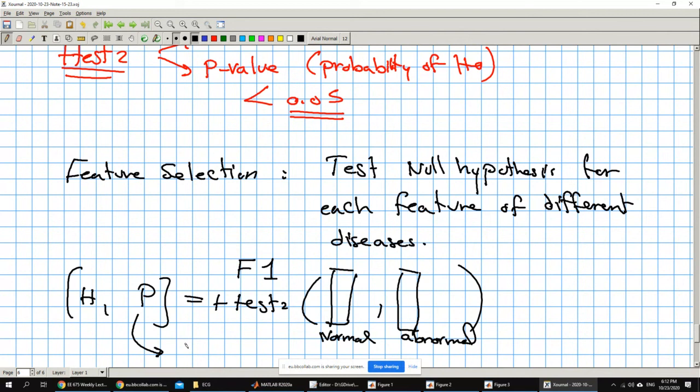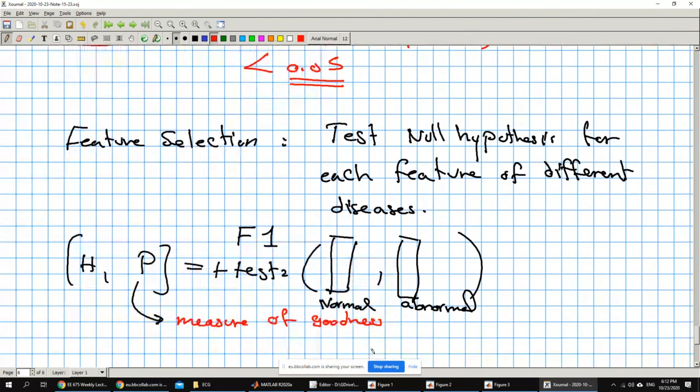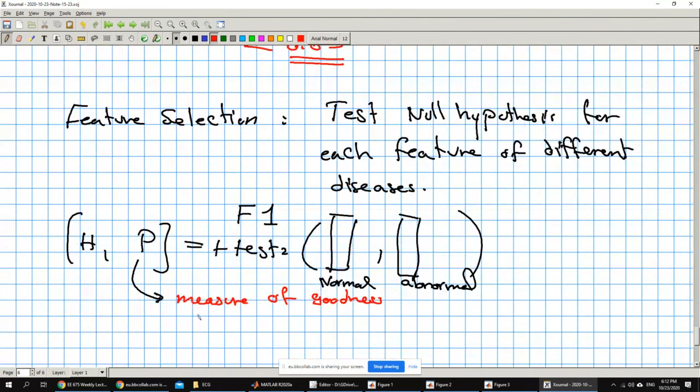So take this as the metric, a measure of goodness of each feature. Of course, the smaller, the better. So this is going to be the way we do feature selection in our project, inshallah.